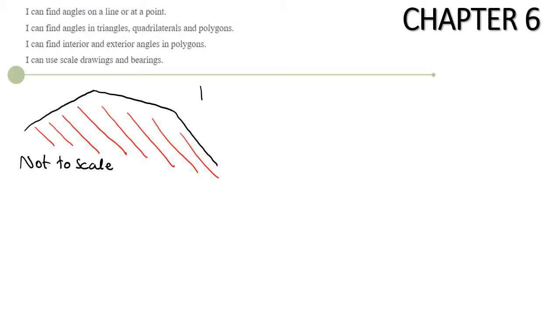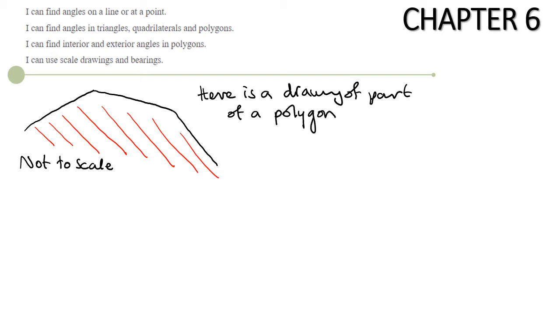So here is a drawing of part of a polygon, and then it maybe gives you an angle. Let's put an angle in there, and let's say that this angle is 165 degrees.